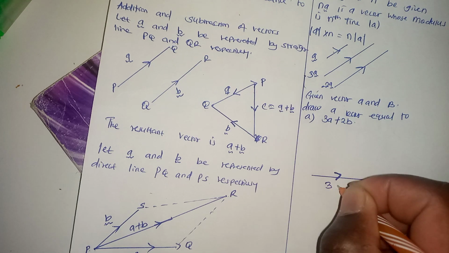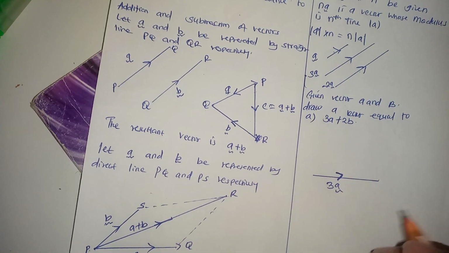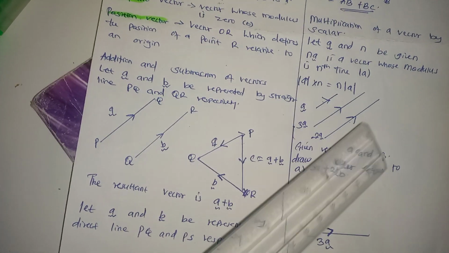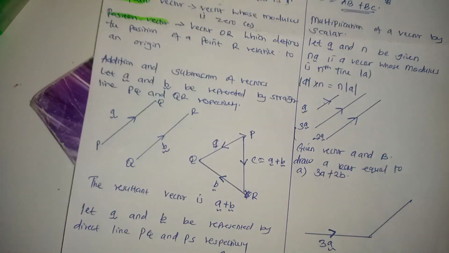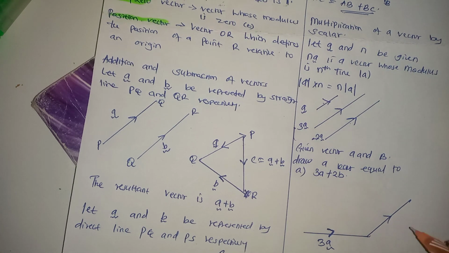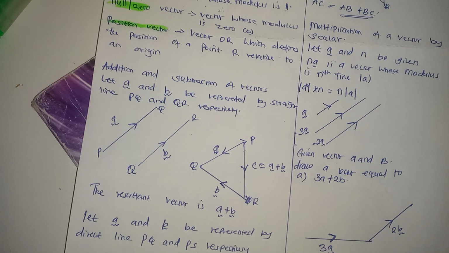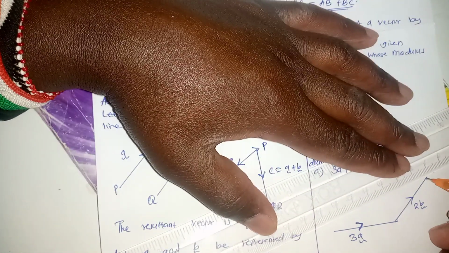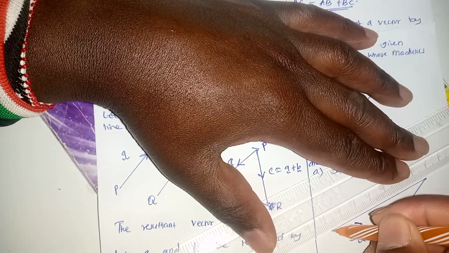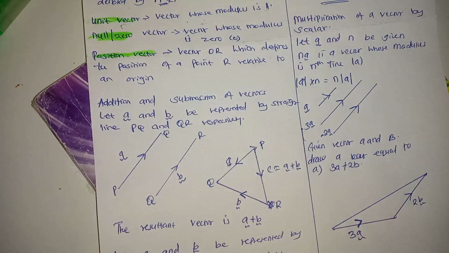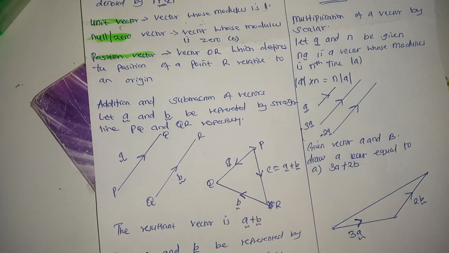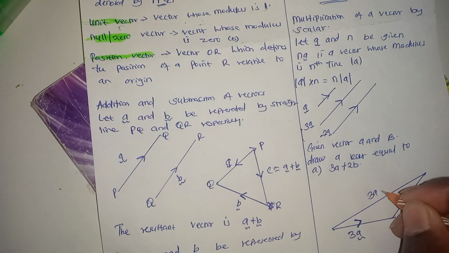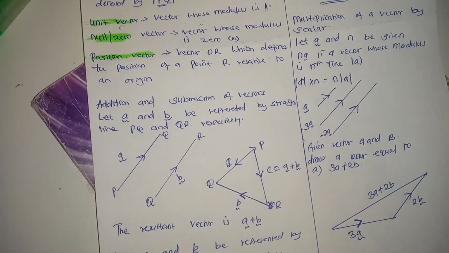We can call this 3A, a vector, and then we come and draw 2B, which is a little bit longer still. This is 2B, and B is a vector. Then we draw a resultant here, which is 3A plus 2B.